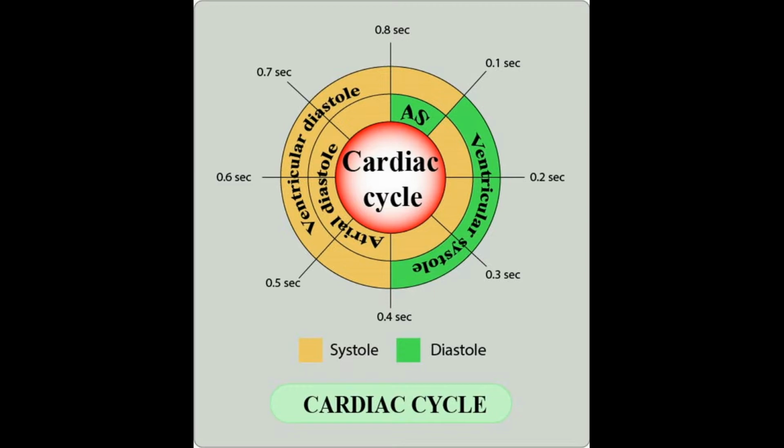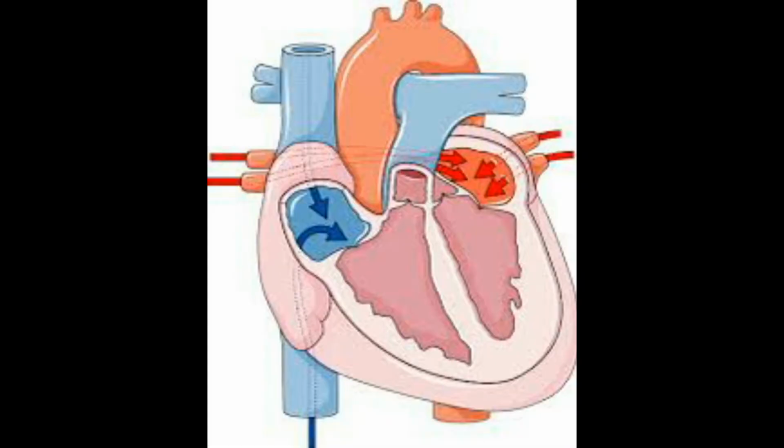So the tricuspid and bicuspid valves will be open. Blood will be collected into left atrium and right atrium from their respective veins, that is pulmonary veins and vena cava. The semilunar valves are also closed at this stage, and 70% of the filling of ventricles will take place during atrial diastole.